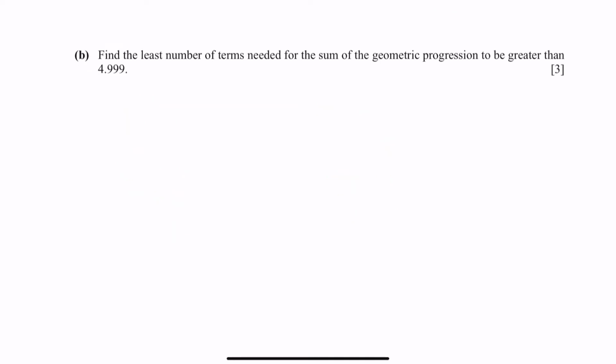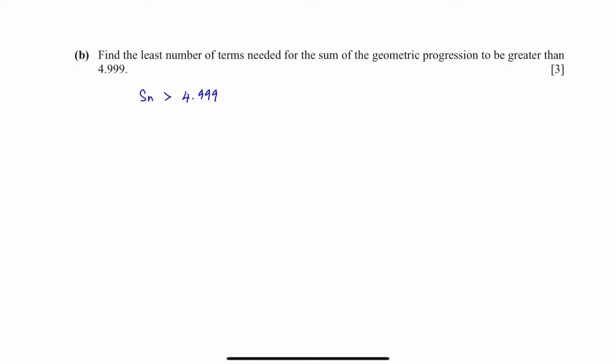Part B. Find the least number of terms needed for the sum of the geometric progression to be greater than 4.999. So we have the sum to n is greater than 4.999.